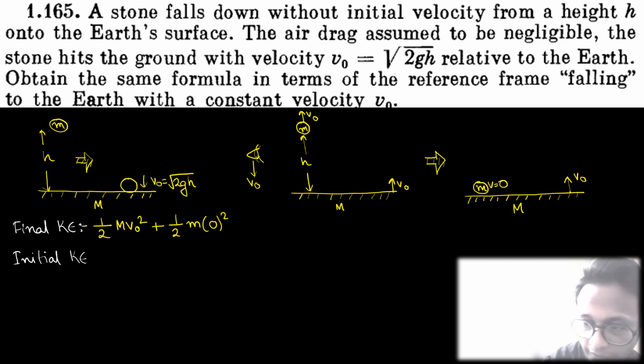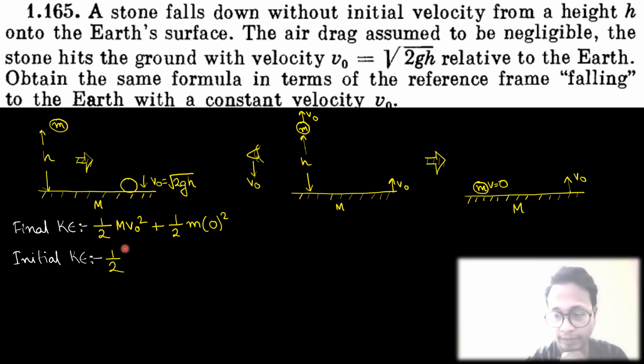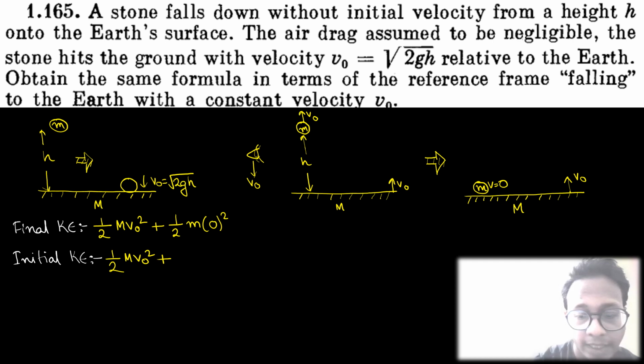I'm working out the final kinetic energy and initial kinetic energy as seen by this observer. Kinetic energy and work done are dependent upon frames of reference. So what is the initial kinetic energy? Half M v naught square plus half m v naught square. That is the initial kinetic energy.